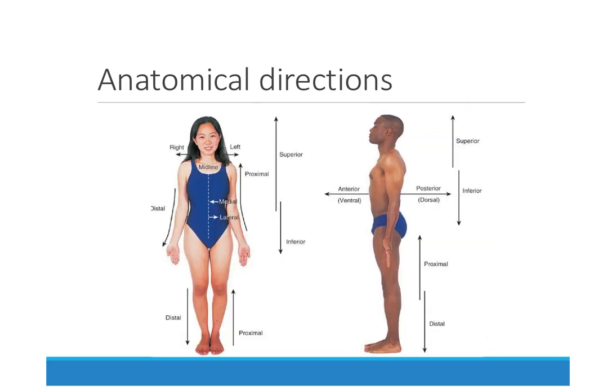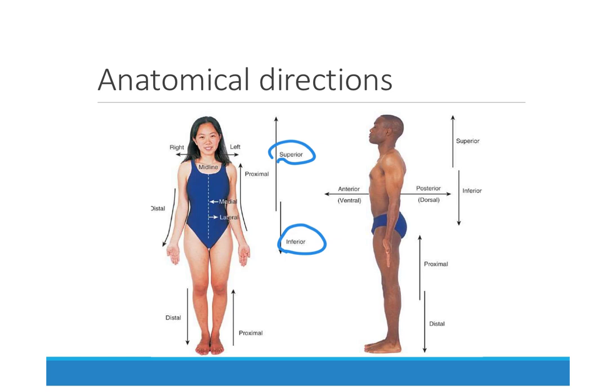Then we have directions for comparing one part to another. I've already talked about right and left, but above is superior and below is inferior. So your nose is superior to your chin because the nose is above the chin.